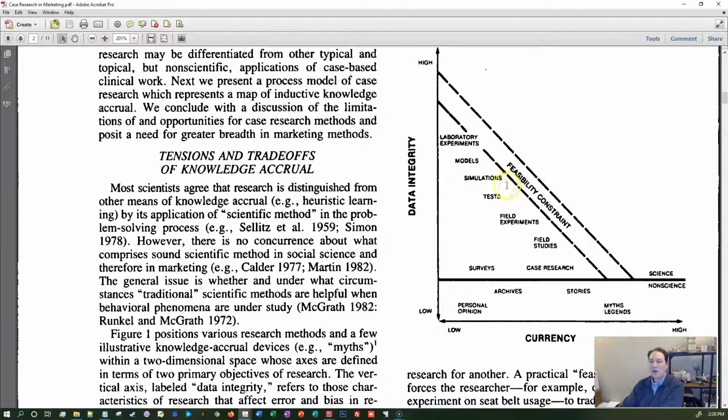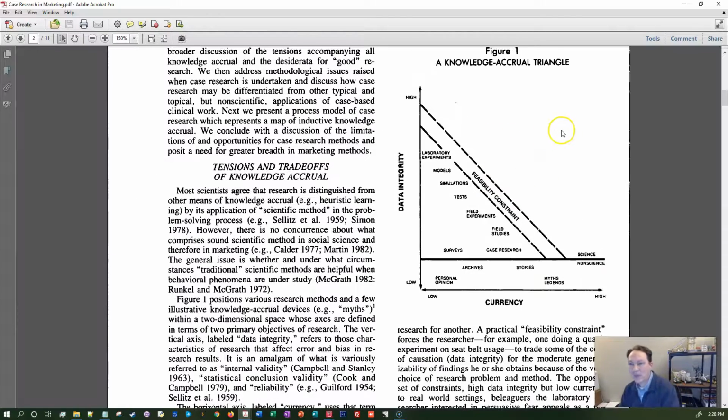So we have this really cool diagram here that I would encourage you to spend some time reading through, studying, and trying to understand before you go back to this article, because this article actually spends a lot of time explaining what is in this knowledge accrual triangle. So think about it this way. We have data integrity on one side, low to high, and we have currency, or the amount of usefulness, on this other side, from low to high.